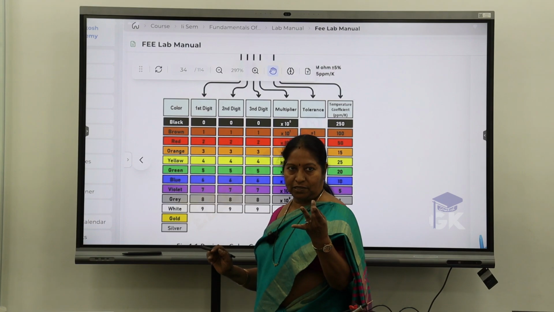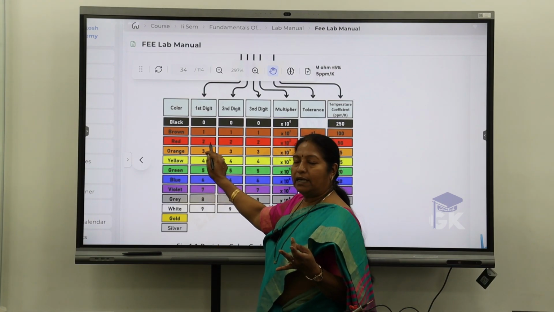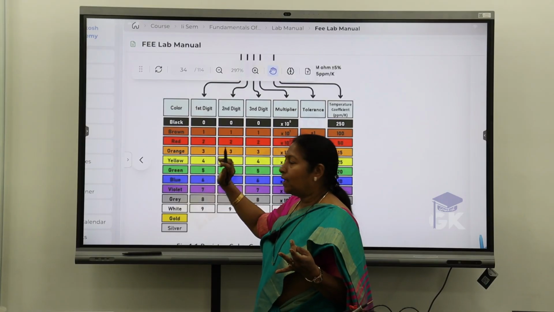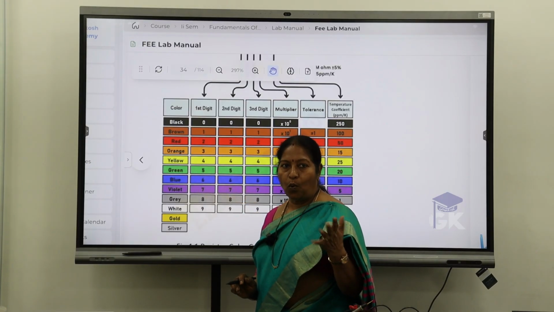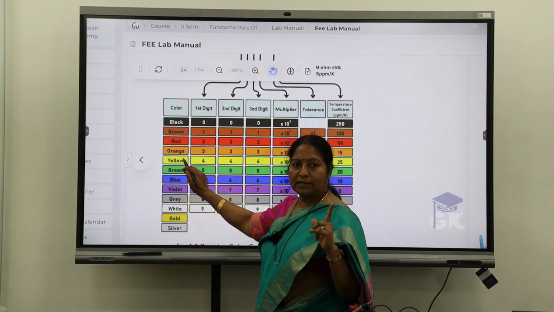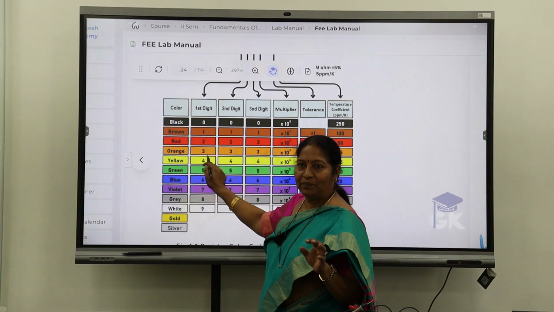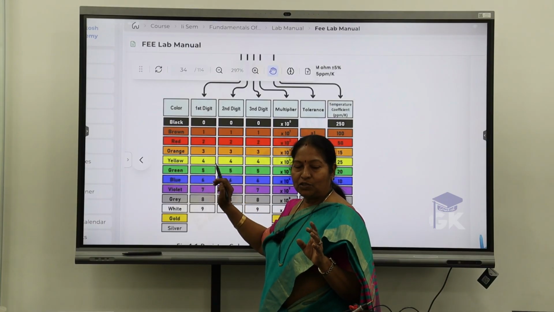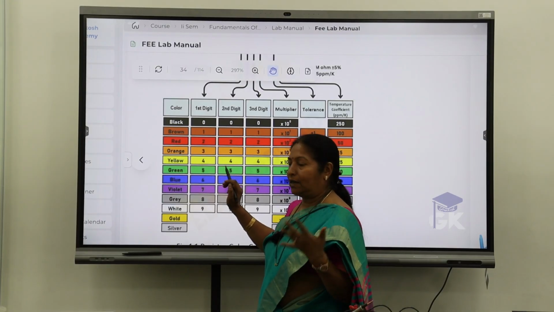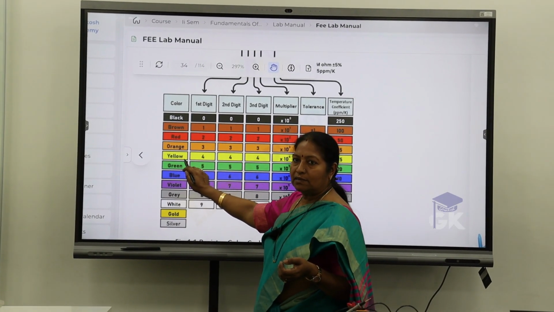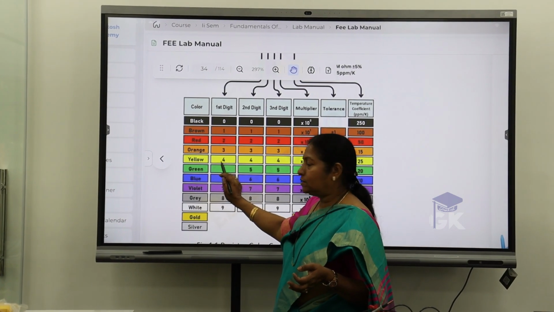Runs: first letter R is red, so the digit value is 2. Over: first letter is orange, so the value is 3. Young: Y is yellow, and its value is 4.